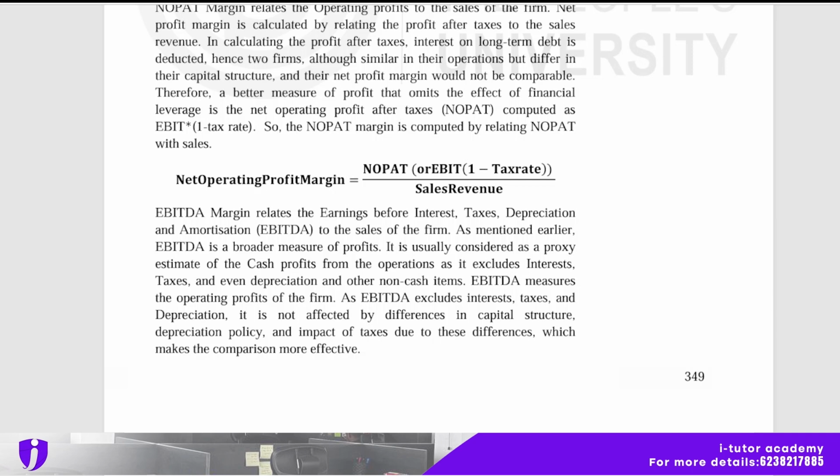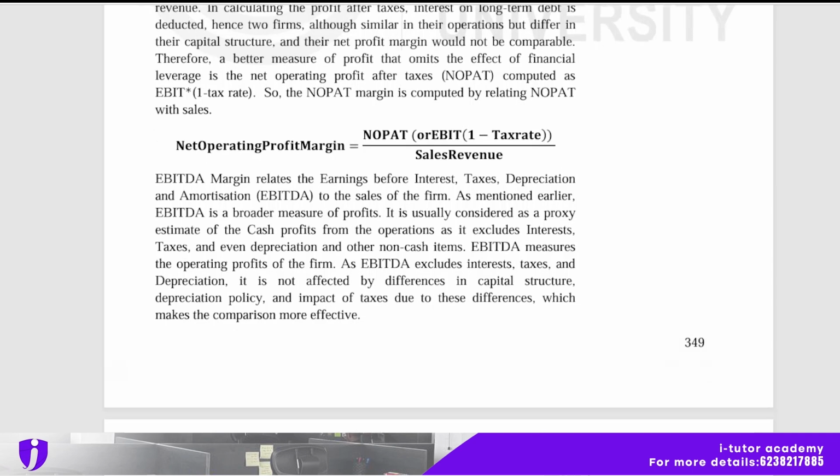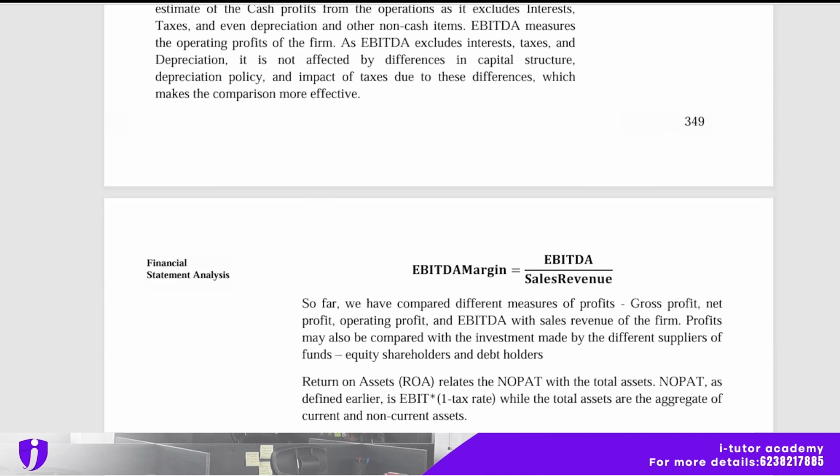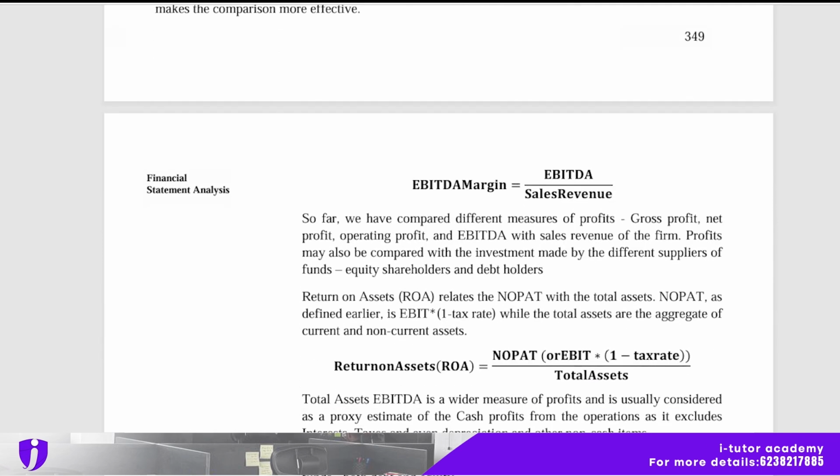As mentioned earlier, EBITDA is a broader measure of profit. It is usually considered as a proxy estimate of the cash profit from the operation, as it excludes interest, taxes, and even depreciation and other non-cash items. And EBITDA margin is equal to EBITDA divided by sales revenue.